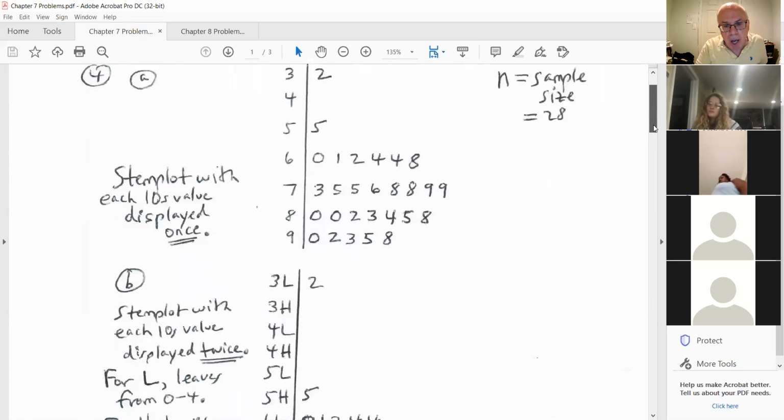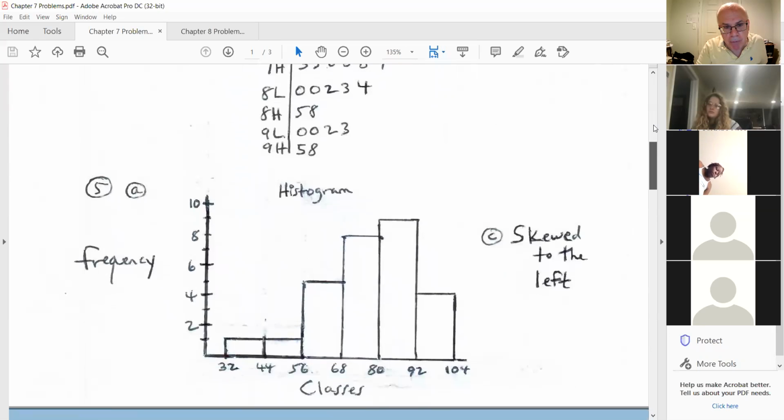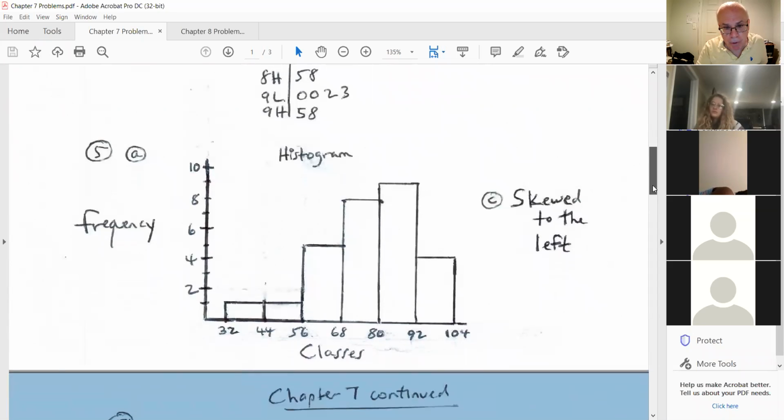But I think visually, the histogram does a better job of it. And that's why people use histograms. Stem plots are only good if you have a small data set. With histograms, you can have a very large data set. You can have thousands of numbers in your data set, thousands of observations, and you can still create a histogram. Histograms are very good to do. And you see in real life, many people use histograms.